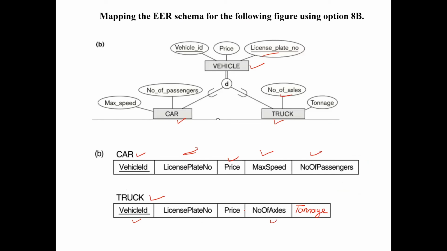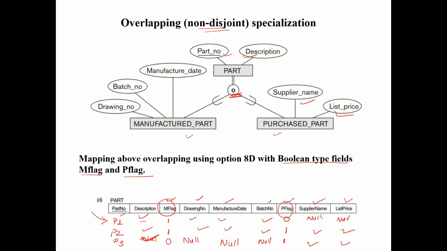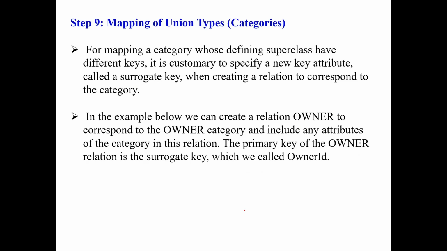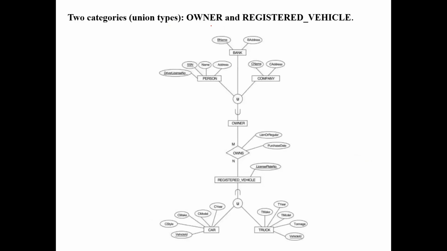Now, next is option 9. Option 9 is for the mapping of union type, or we call it a category. First, understand what we mean by union. In this diagram, we can see that there are three entities: one is person, second is bank, and third is company.